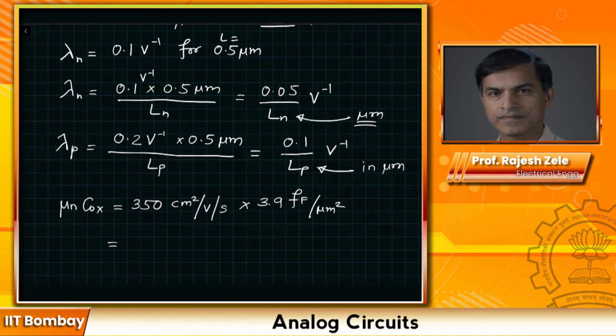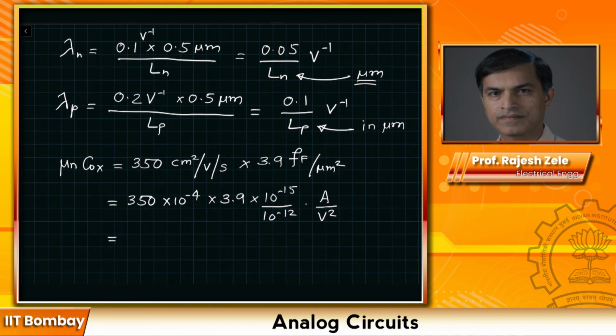So we can unravel the units and it will look like 350 times 10 to the power minus 4 multiplied by 3.9 times 10 to the power minus 15 divided by 10 to the power minus 12, and this is going to be amps per volt square.